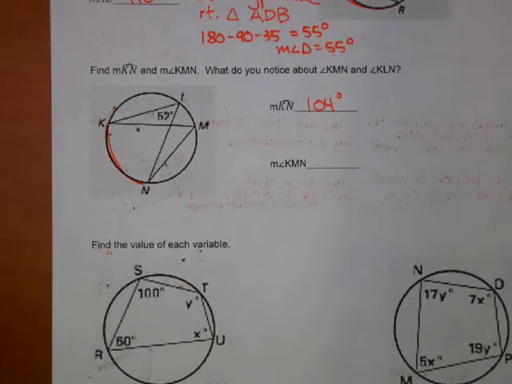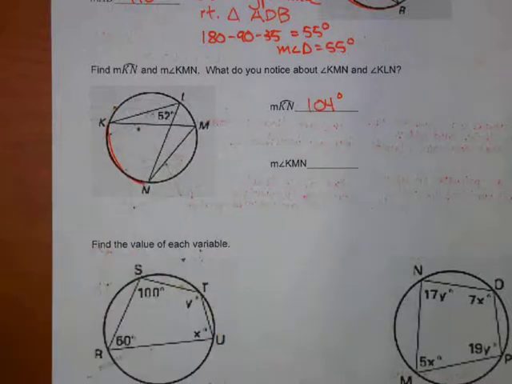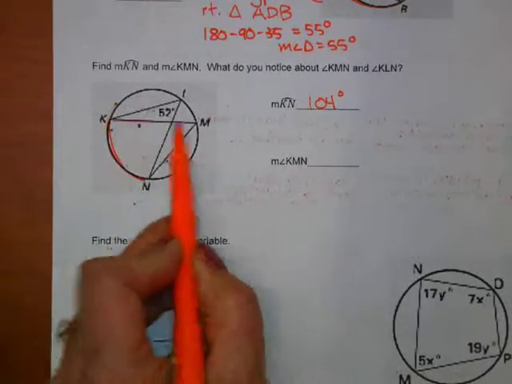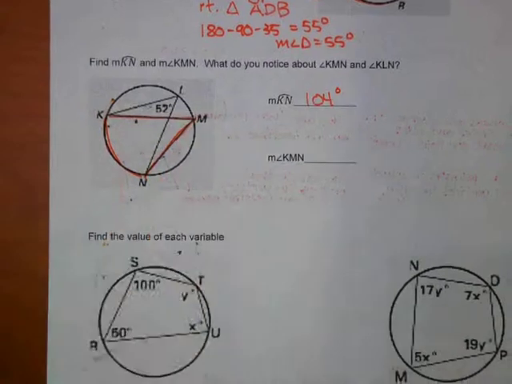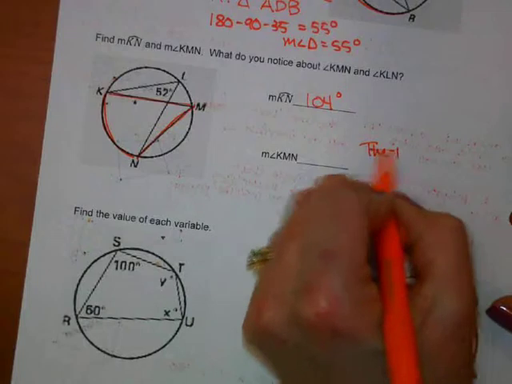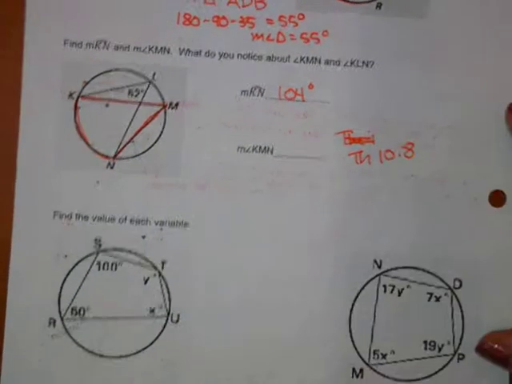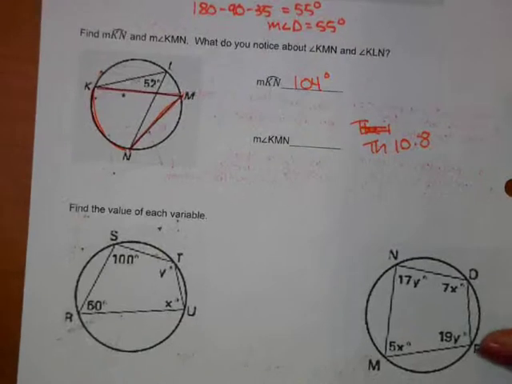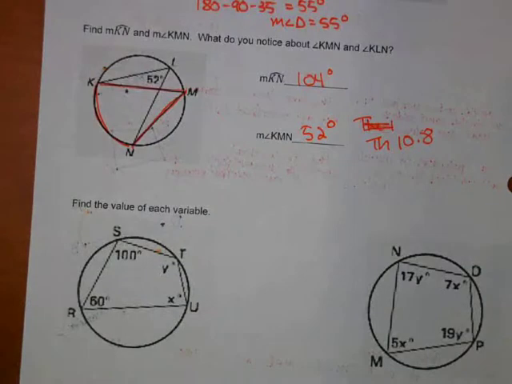You see it? Because it's got to be double the angle it comes off of. Then this also comes off of that same arc, doesn't it? And we learned from theorem 10.8 that the angle measures are the same if they come off the same arc. So it has to be 52 degrees. You guys see that?